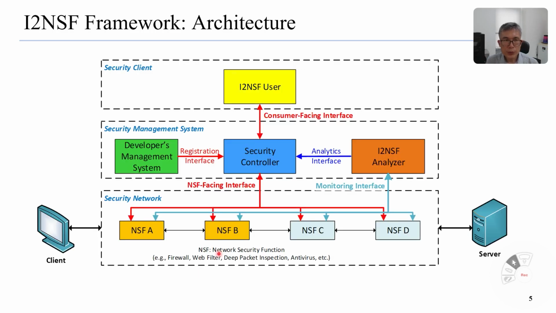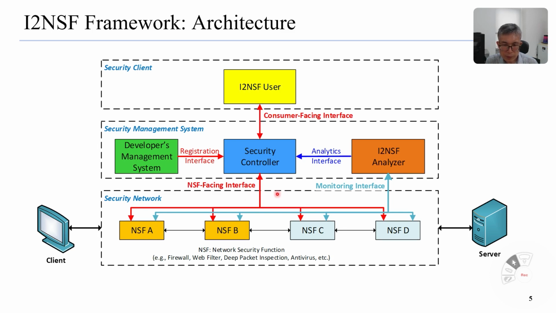This figure shows the I2NSF framework architecture. Basically, the top one is the client system called the I2NSF user, and the management system has the main brain component, a security controller. The developer management system provides a security solution, and the I2NSF analyzer is the machine learning component for data analytics for I2NSF.